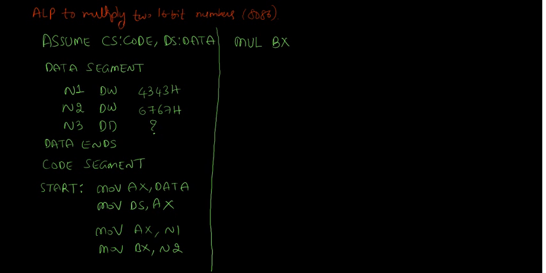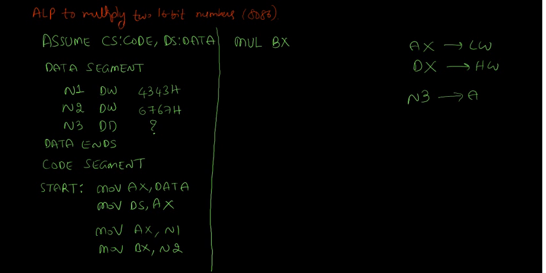So now the result is available in ax and dx, which are the lower word and higher word, right? Now you need to load this lower word at n3 and the higher word also at n3. That means the starting address of the result is n3. So the starting address n3 will be loaded.